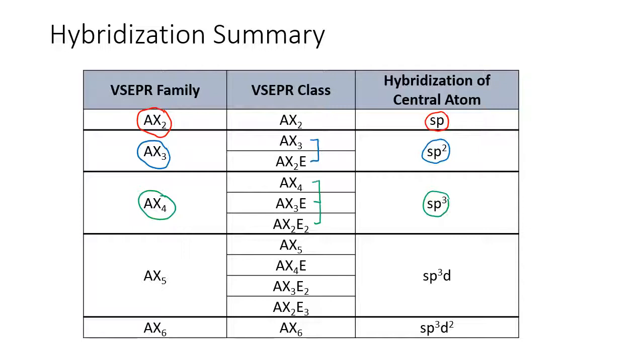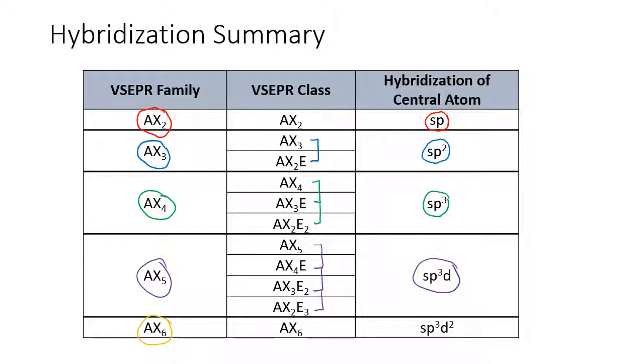If you draw a structure and it's in the AX5 family, that could be AX5, AX4E, AX3E2, or AX2E3. Anyone within that trigonal bipyramidal family, the central atom will be sp3d hybridized with 5 equal energy sp3d hybrid orbitals. And the last family we talked about is the AX6 family.